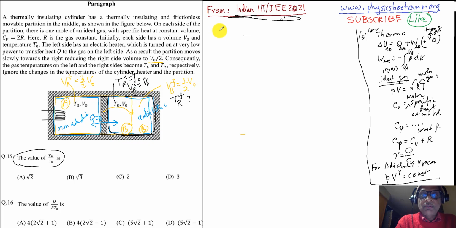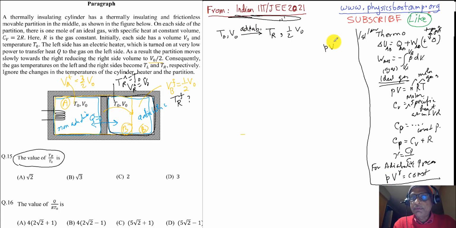So the right part goes from T0, V0 to some TB and half V0, and this process is adiabatic.